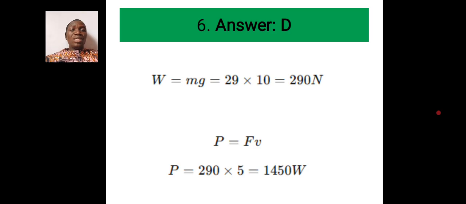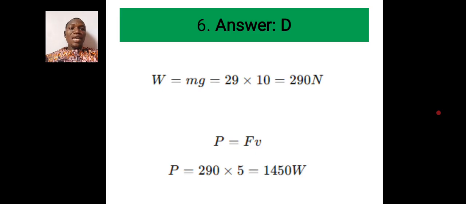So weight, which is equal to force now, because acceleration due to gravity is given to us. So remember, weight is also a force. I hope you get this. So if you are seeing me using force as weight, it is the same thing, please, because weight is a force acting on an object. So this time around now, to find our force, we are going to say mass times acceleration, which I said earlier. Force is always mass times acceleration.